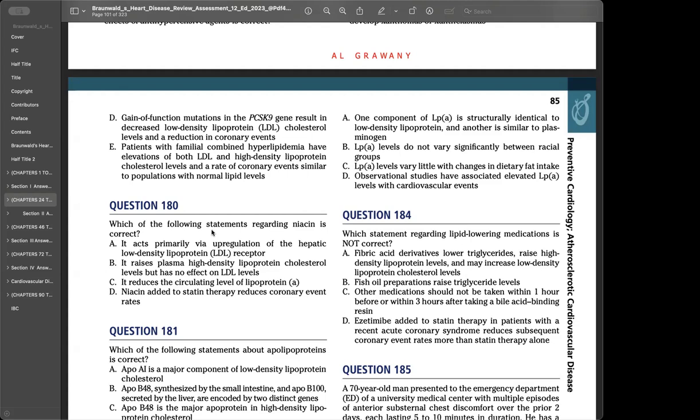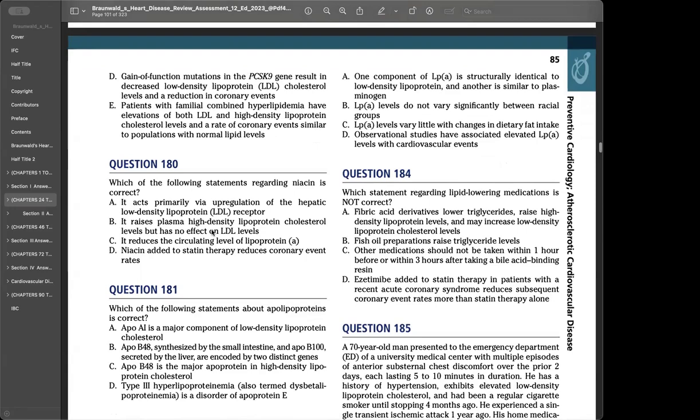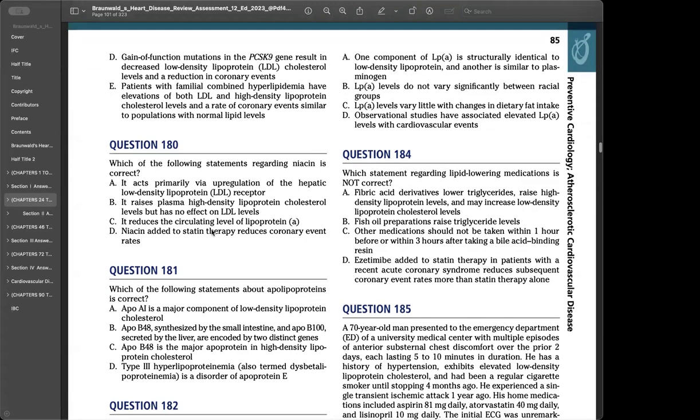Option D, observational studies have associated elevated lipoprotein A levels with cardiovascular events. This is also a true statement. So option B is the correct answer.